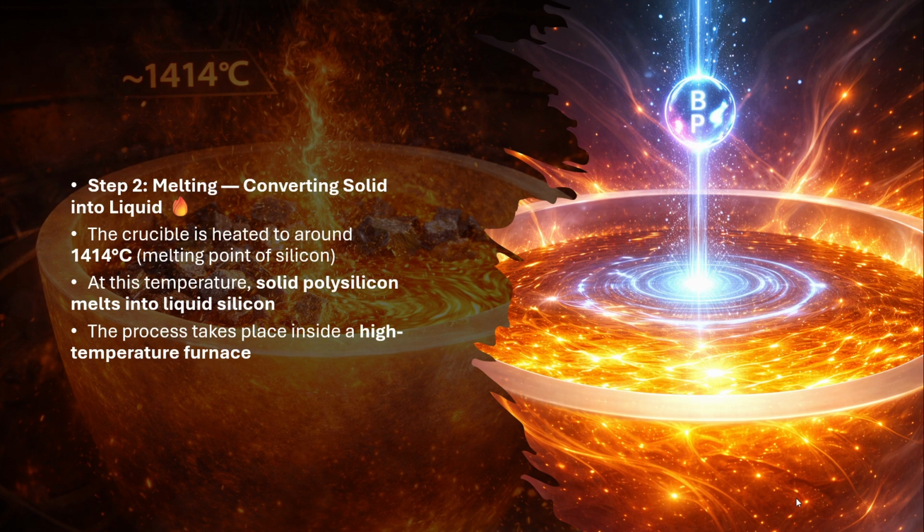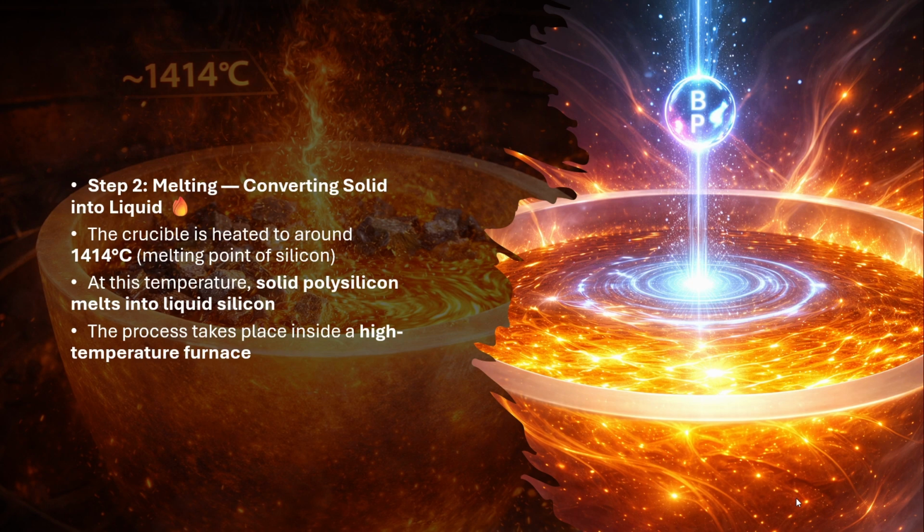Just like ice melts into water at a low temperature, silicon melts at 1414 degrees, which is a very high temperature. Why do we convert it to liquid? Because liquids can be reshaped, but solids we cannot reshape.